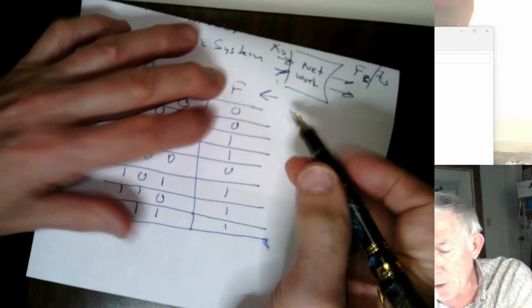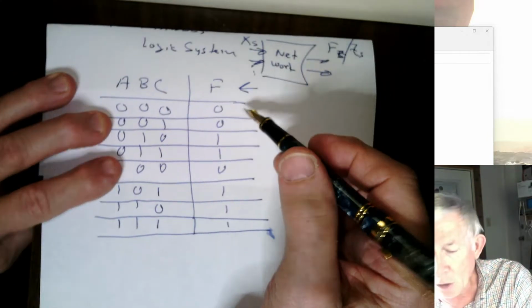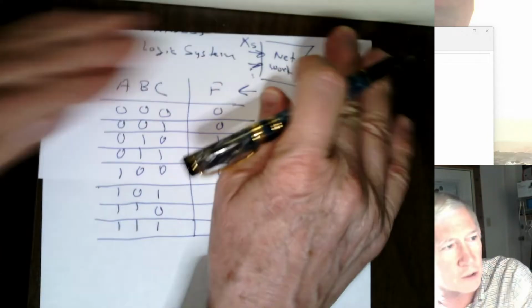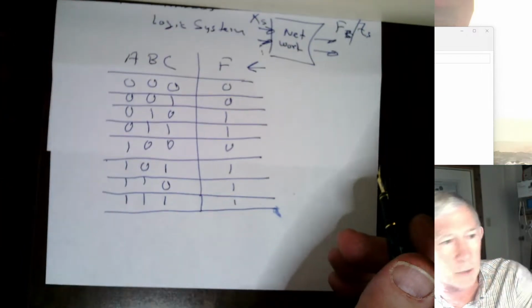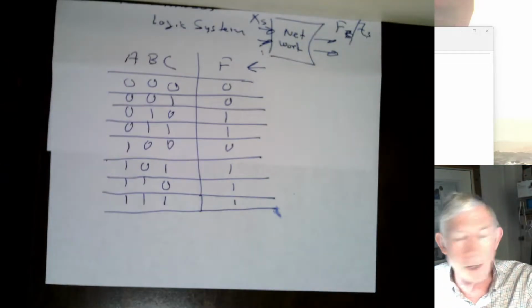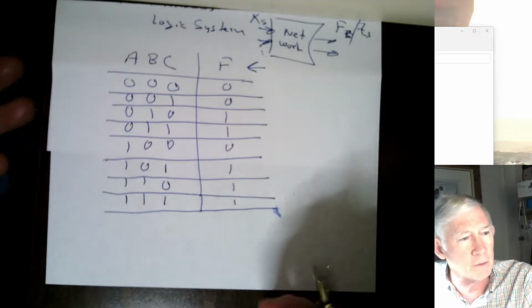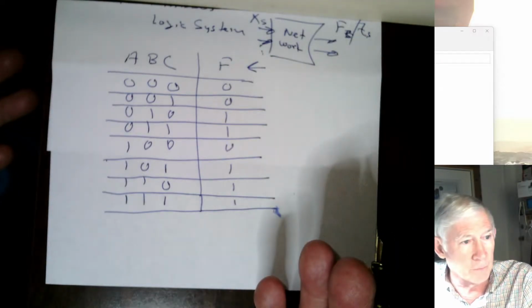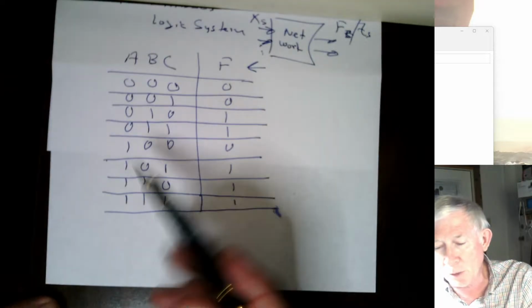Well, this F comes from our customer. I like to jokingly say we get it from God, because this is what we as the engineer are given. We're usually given it in the form of an English language statement. The customer will describe what he wants the system to do, and then we construct a truth table that represents that desired system. Maybe a sophisticated customer would actually give us the truth table.